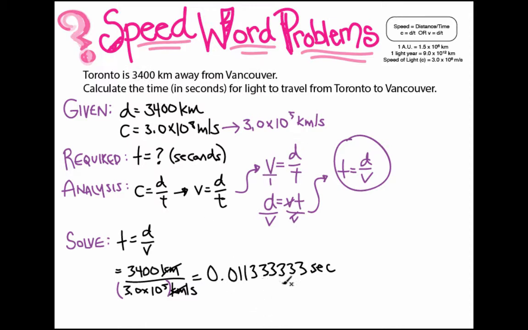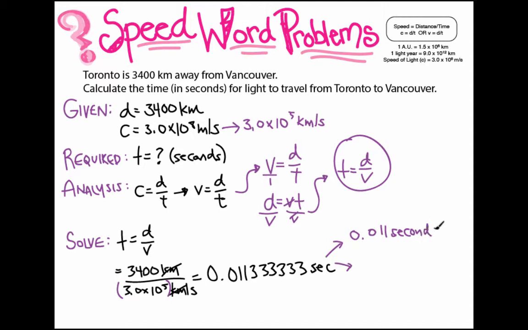So you need to convert this into 2 sig figs, and you can do that in 2 different ways. The first way, which is the easiest way, is just looking at the value and cutting off the parts that are not required. So to sum that up into 2 sig figs, it would be 0.011 seconds.